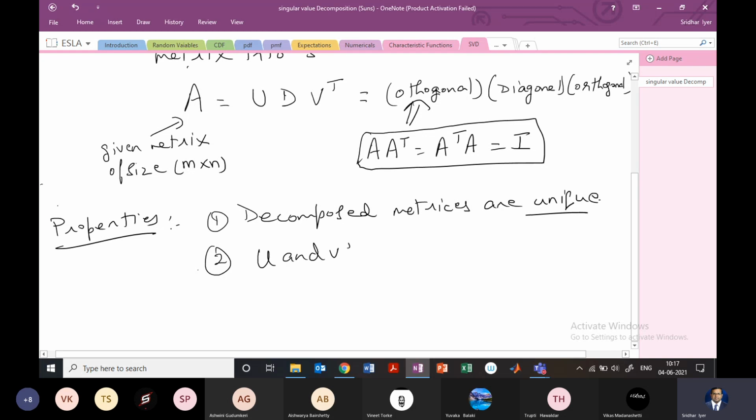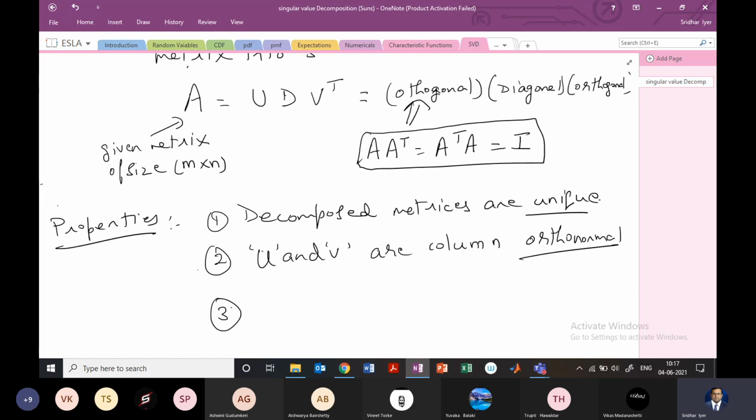These matrices U and V are column orthonormal, right? So what is this orthonormal? It is an extension of orthogonal. So in orthogonal, the two entities are 90°. In orthonormal, the two entities are 90° and their product is 1, right?